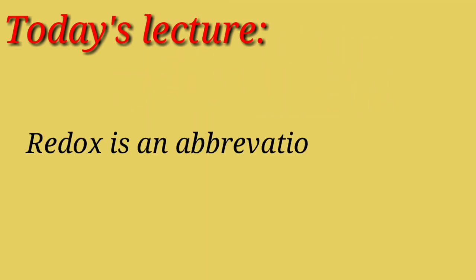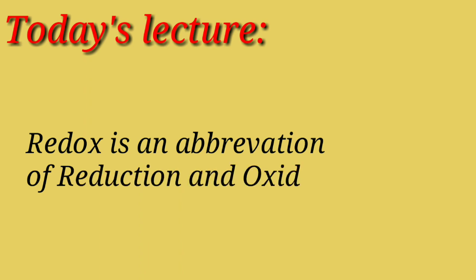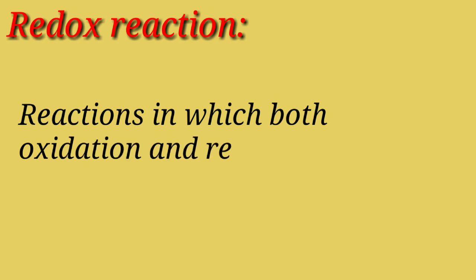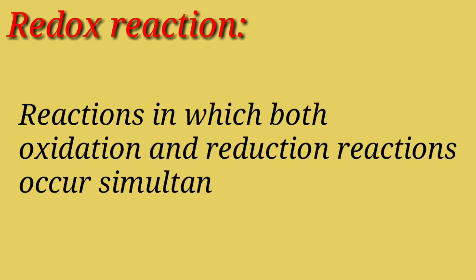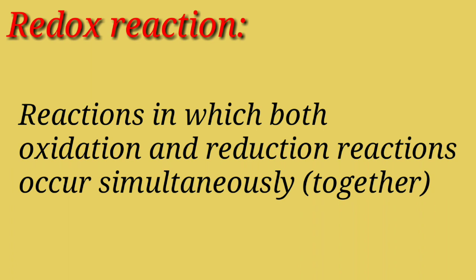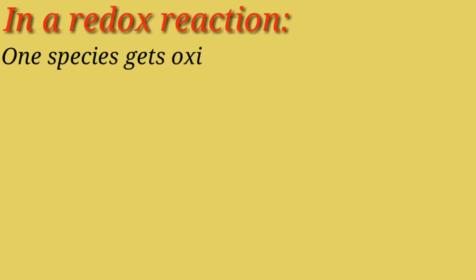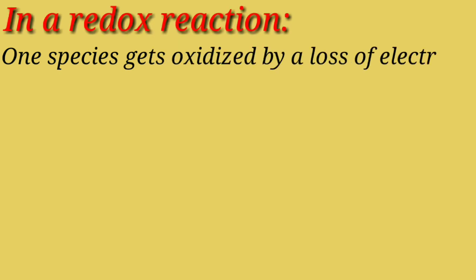Redox is an abbreviation of reduction and oxidation. The reactions in which both oxidation and reduction reactions occur simultaneously, that is together, are called redox reactions. Students, we know that in a redox reaction, one species gets oxidized by loss of electrons.